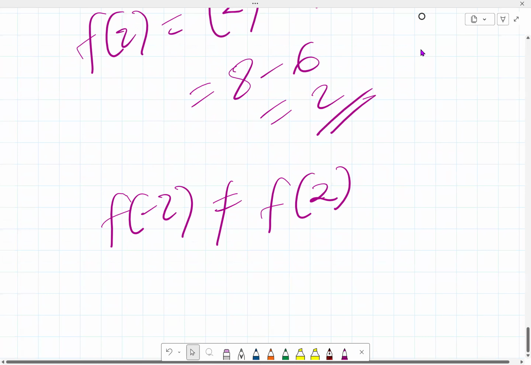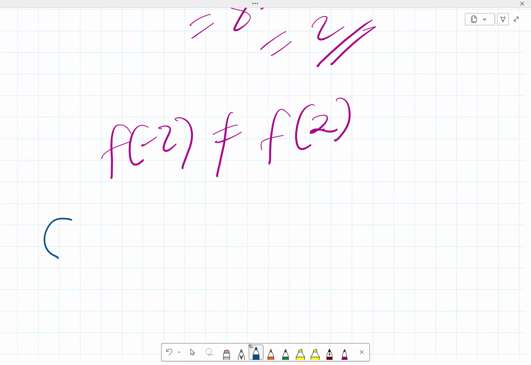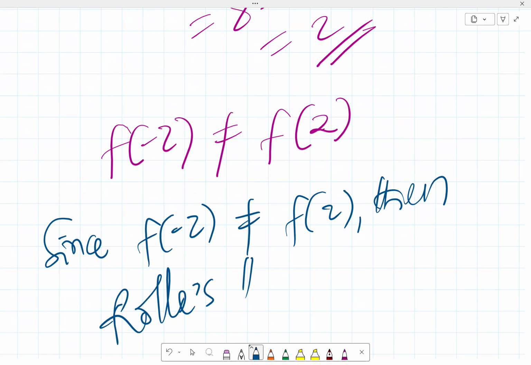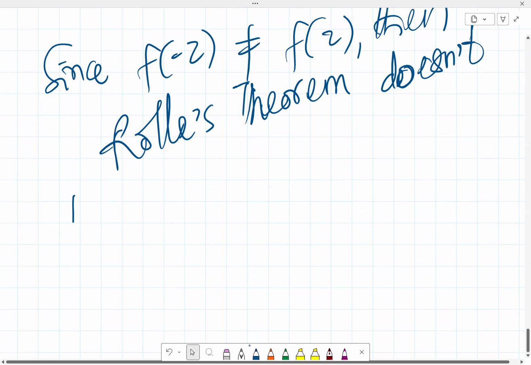So we just conclude that since f of minus 2 is not equal to f of 2, Rolle's theorem doesn't hold in this case.